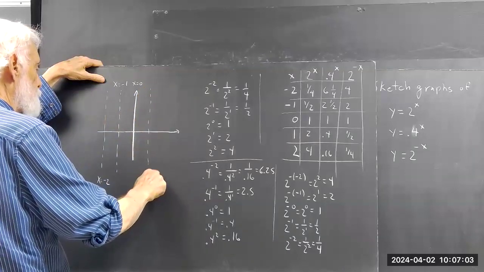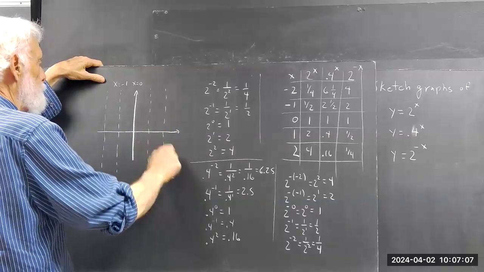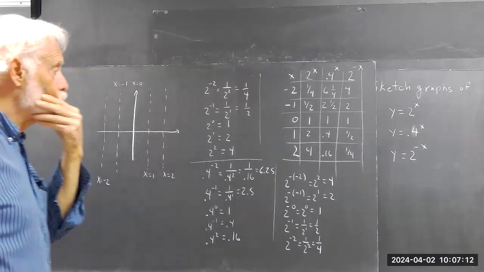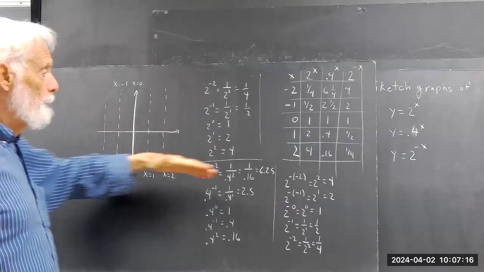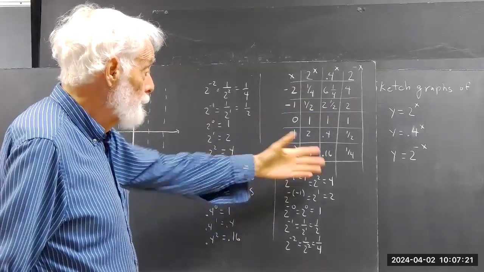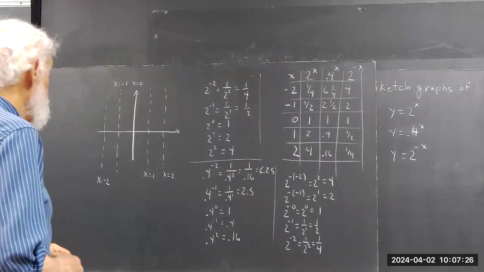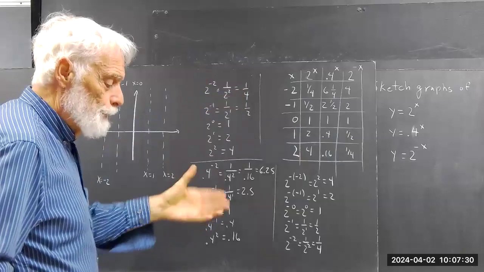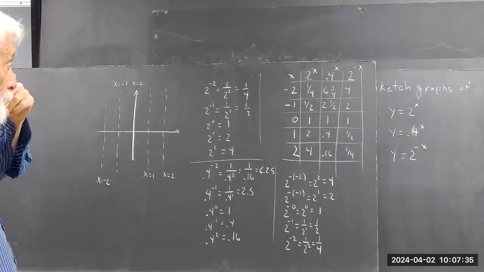We put x equals 1 here. x equals 2 here. Now, I could have put the x-axis much lower because none of the y values that we get from this table are negative. But since I'm also going to do some reflection around the axis, I'm going to do the whole graph.